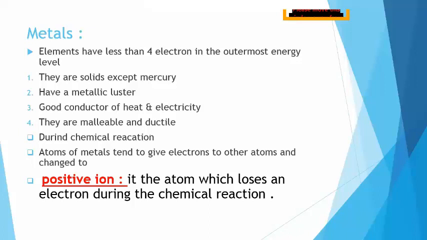So metals during the chemical reaction tend to give away the outermost energy level electrons to be changed into a positive ion. A positive ion is an atom which loses one electron or more than one electron during the chemical reaction.